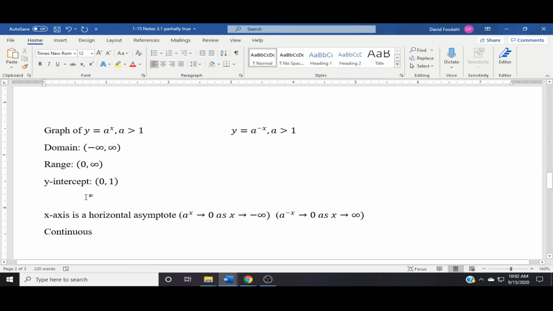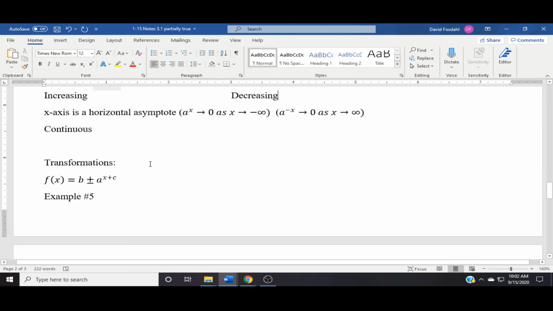And then this function over here is going to be increasing, and this over here is going to be decreasing. So that is going to be the difference between those two transformations. This is going to impact our y, so it's a vertical shift.